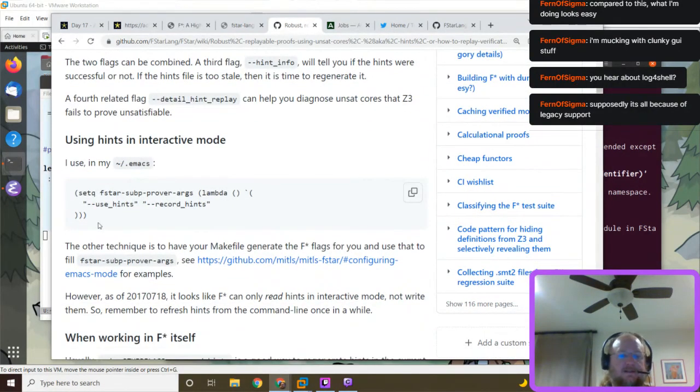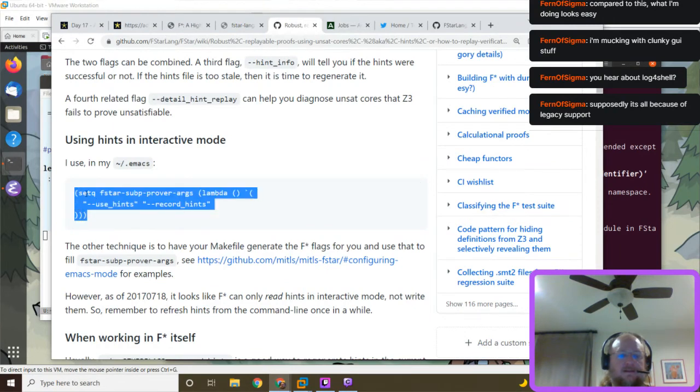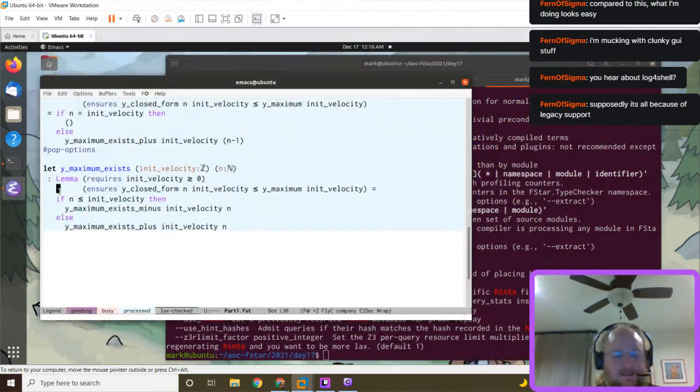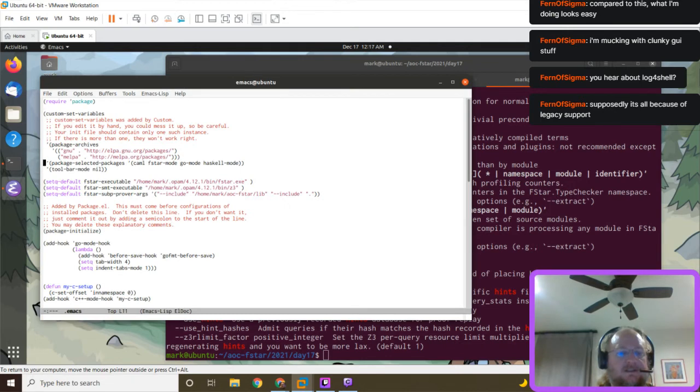Ah, there it is. All right, let's put that in my .emacs.